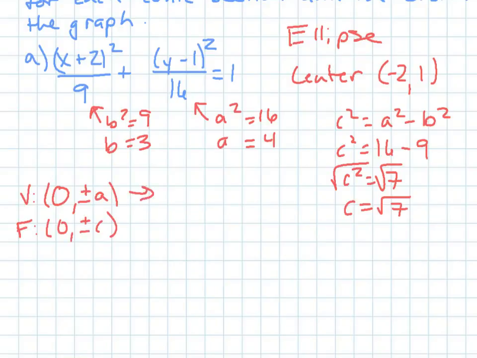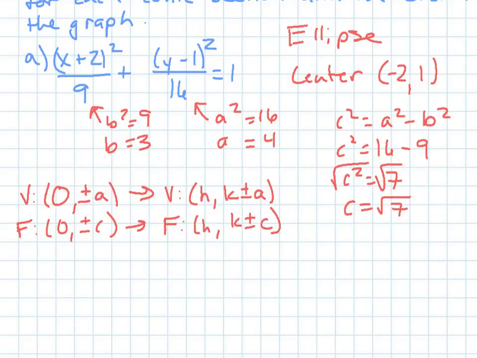But now, since you're moving everything, you have new vertices, where it's going to be h, comma, k plus or minus a. And your foci are going to change as well, where they're going to be h, comma, k plus or minus c.